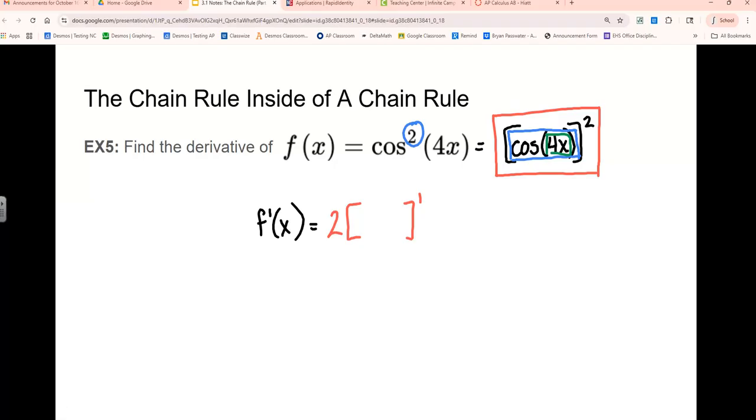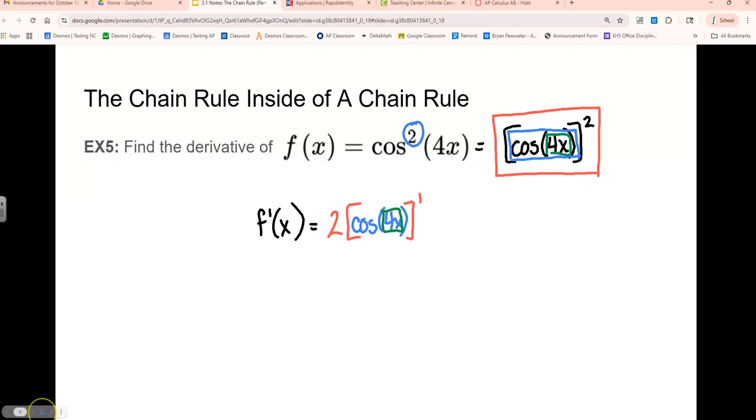So the stuff on the inside does not change. So this is cosine of 4x. Okay, and then we've got to take the derivative of this stuff on the inside. But keep in mind, we've got a more inside, right? So we're not touching the 4x yet. We're not touching that yet.